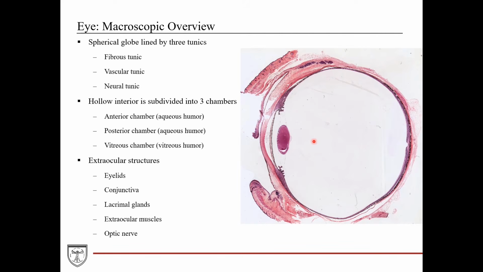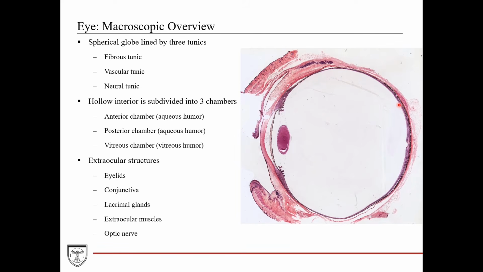In terms of the spaces, we have the anterior chamber, the posterior chamber, and behind the lens, this large vitreous chamber. As for the neural tunic, it appears to be thickest over here. Also, there seems to be a little divot, which we'll talk about in later slides.